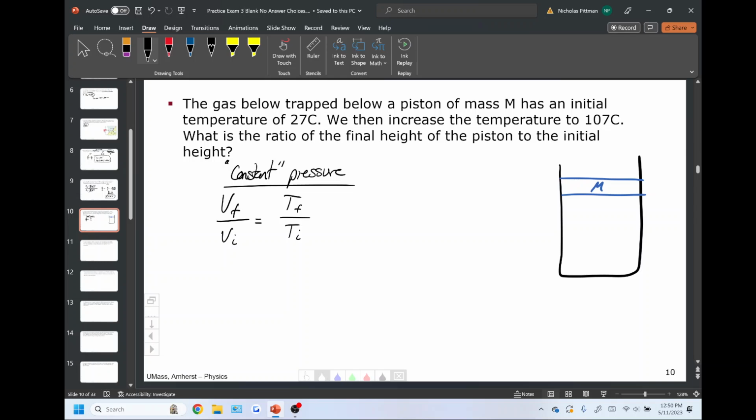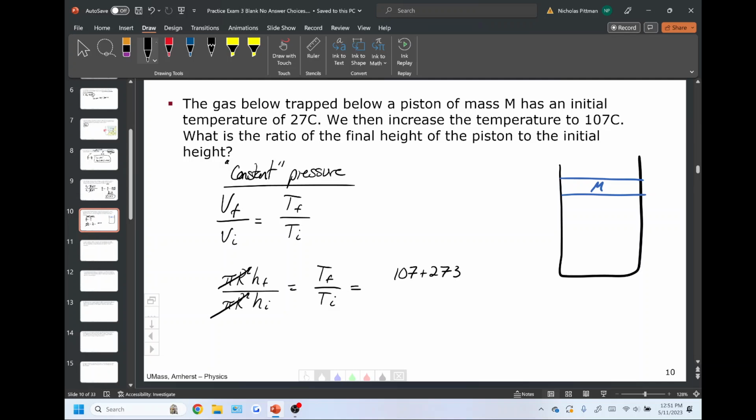Okay, the volume of a cylinder is pi r squared height. We're assuming the radius doesn't change, so the pi r squareds actually cancel. And what we get is that height final over height initial is T final over T initial, right? T final is 107 Celsius, so I guess actually the piston is going up.